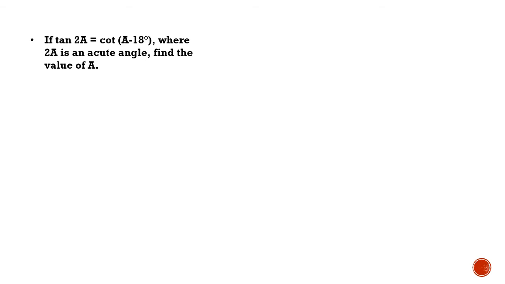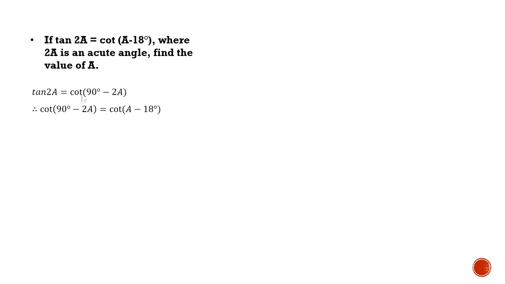Okay, here you have to figure out the value of A, and they have also mentioned that 2A is an acute angle. Again, using the same concept, I converted tan 2A and wrote it in terms of cot, so it will be written as cot of (90 minus 2A). I am replacing the value of tan 2A with cot(90 minus 2A) in the given equation above, right?